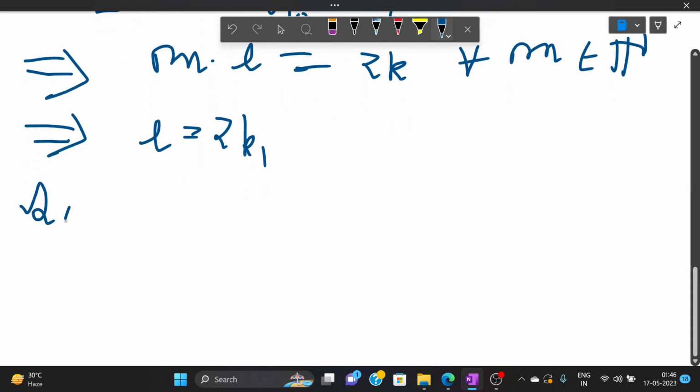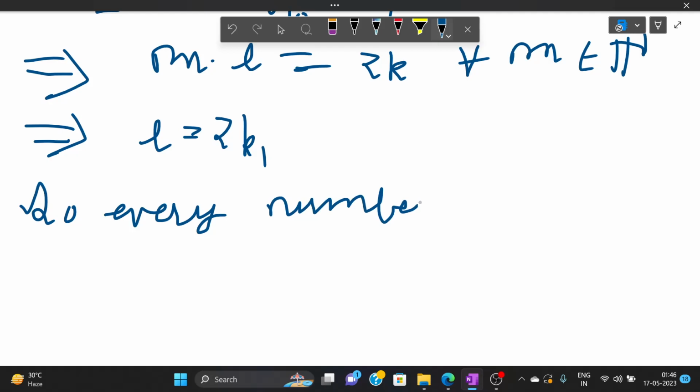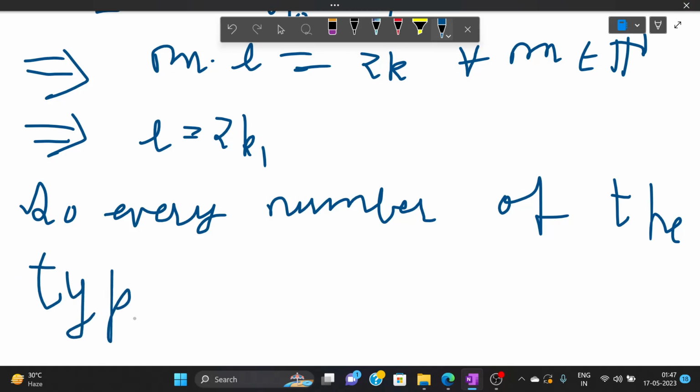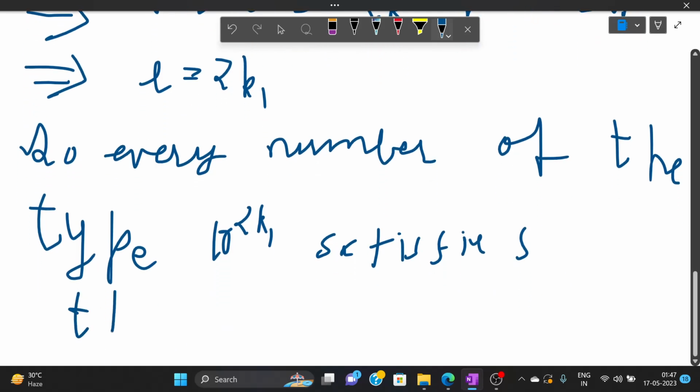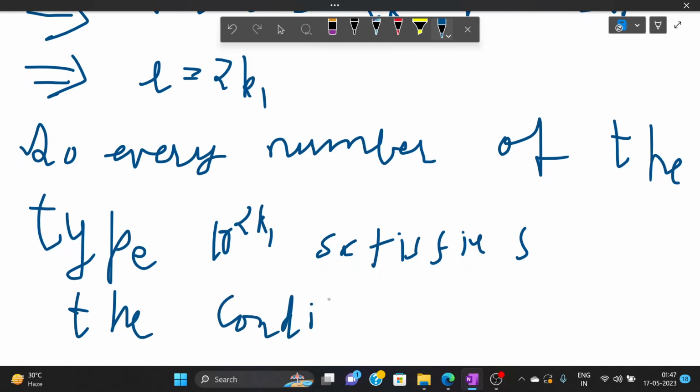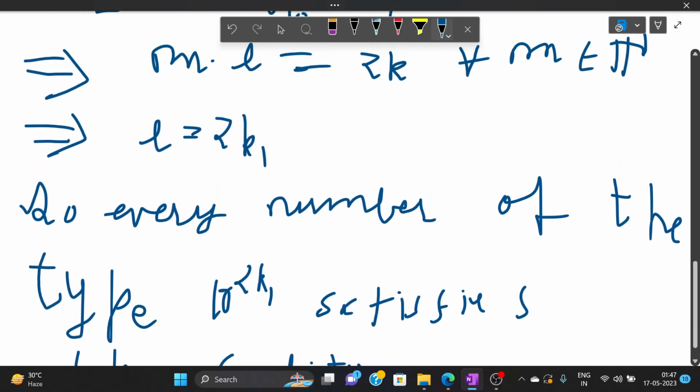So every number of the type 10 to the power 2k1 satisfies the given condition.